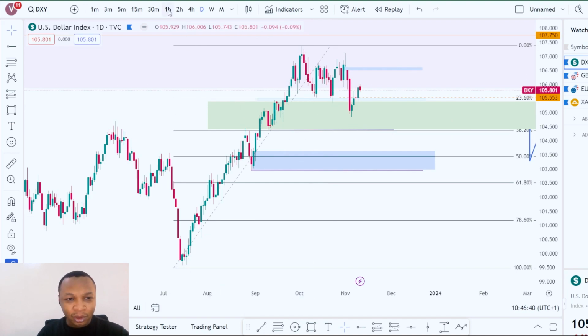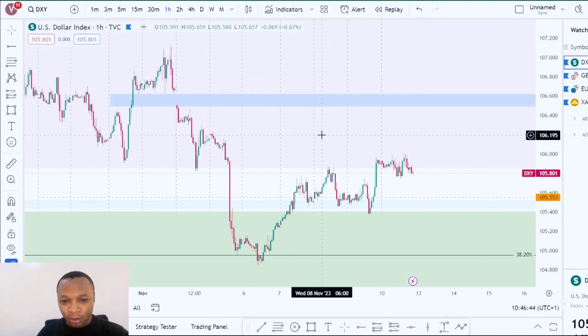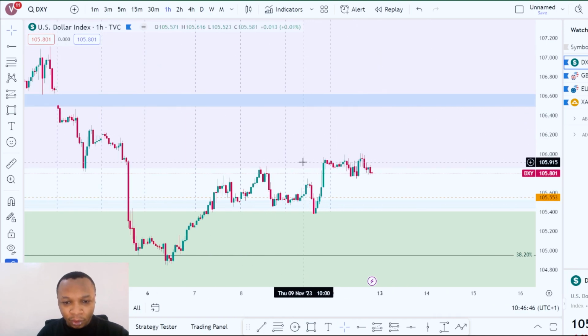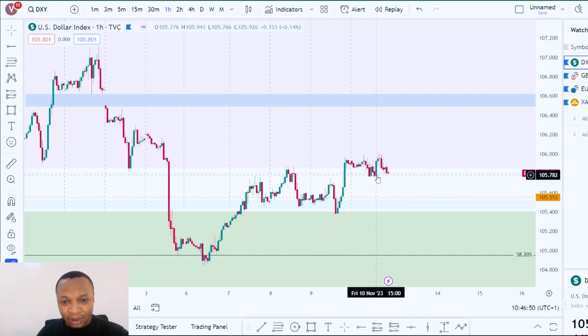Looking at the 1 hour time frame, we have a break of structure to the upside, so it's likely that the first point of call is going to be this volume imbalance right here, before the ones below. The market will want to go to its nearest point of interest before the one that is farther away from current price.